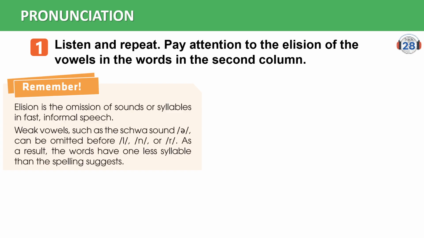So, elision is the omission of sounds or syllables in fast, informal speech. Weak vowels, such as the schwa sound, can be omitted before l, n, or r. As a result, the words have one less syllable than the spelling suggests.